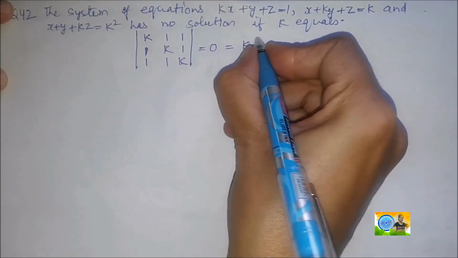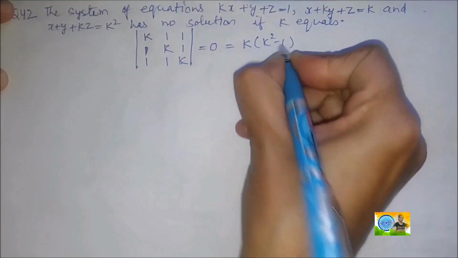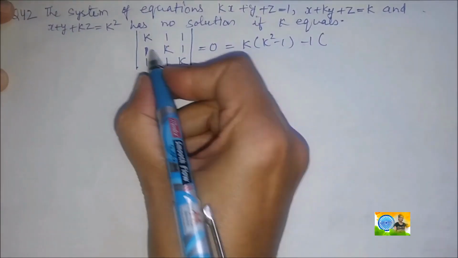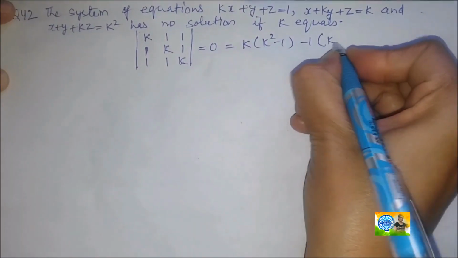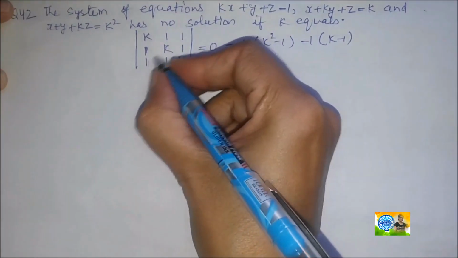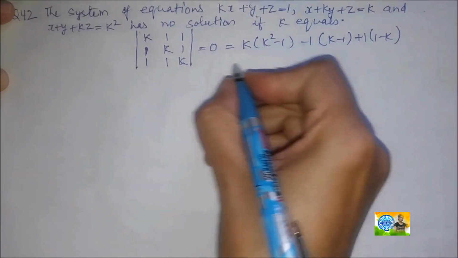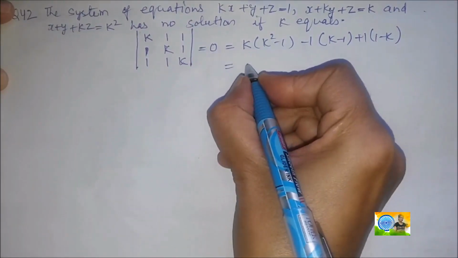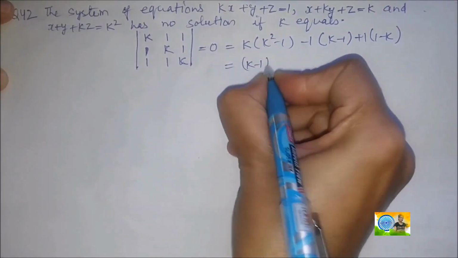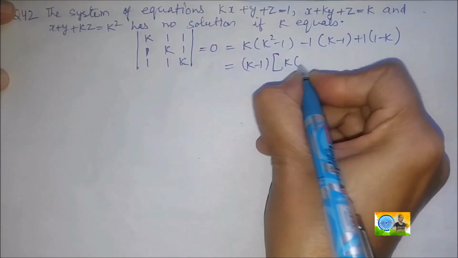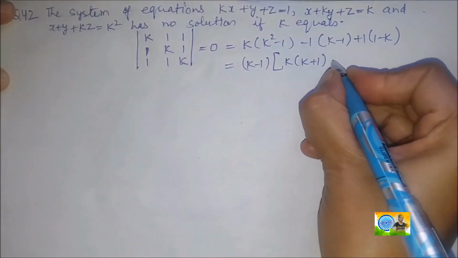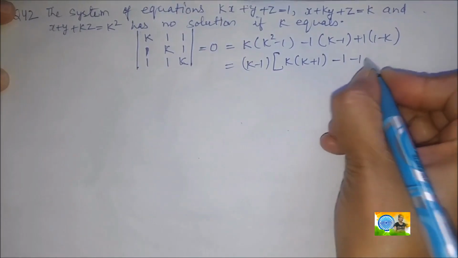This equals k into k square minus 1, then minus 1 into k minus 1, then plus 1 into 1 minus k, plus 1 into 1 minus k. The value of this determinant should be 0. If I take k minus 1 outside, so k minus 1, here I have k into k plus 1, from this minus 1 and from this minus 1.